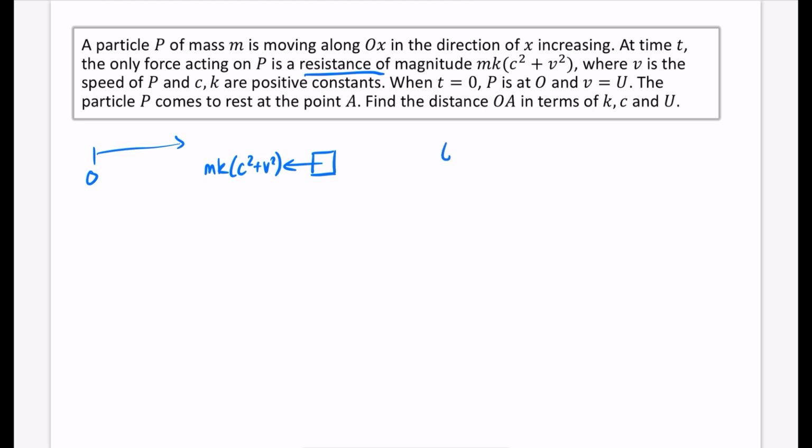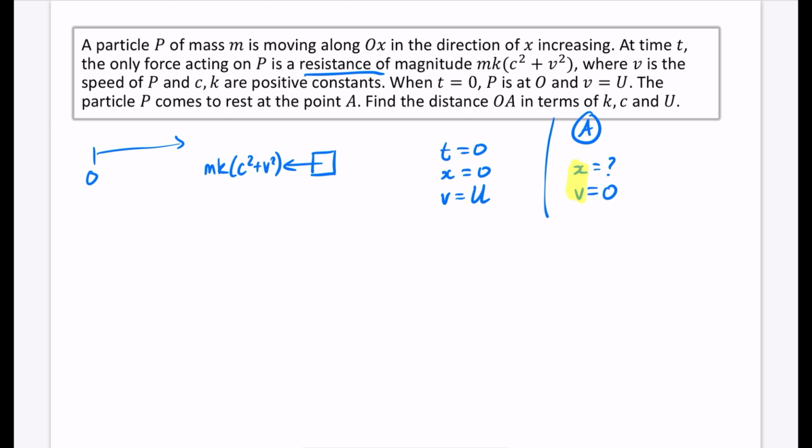When t equals 0, P is at O, meaning its displacement is 0, and its speed is capital U. The particle comes to rest at the point A. So I know that later on, this is at the point A, it comes to rest at this point, and we're going to try and find out what the distance is in terms of k, c, and U.